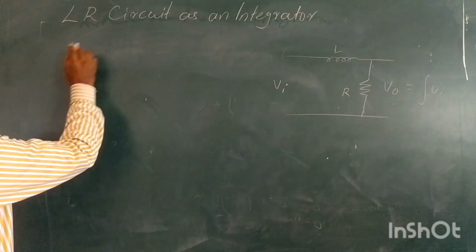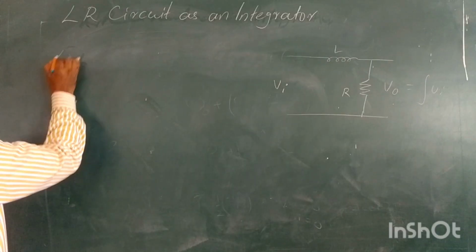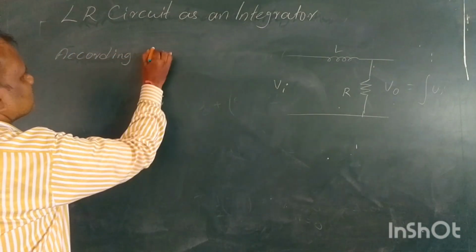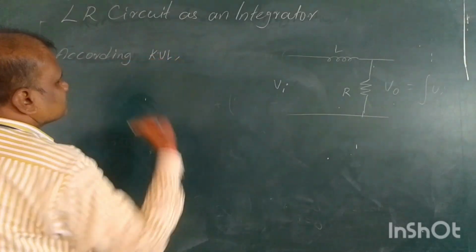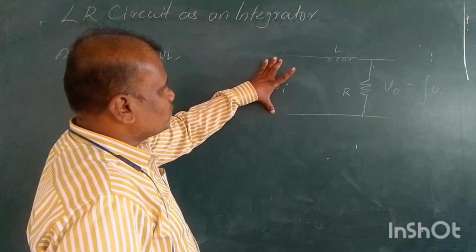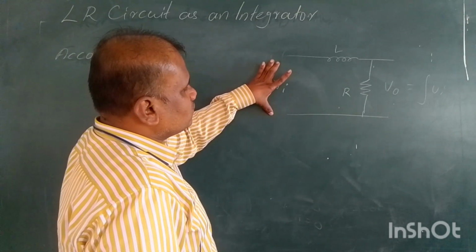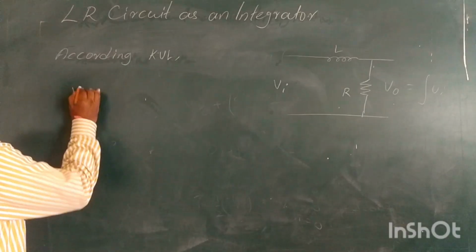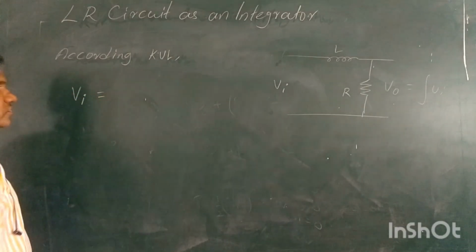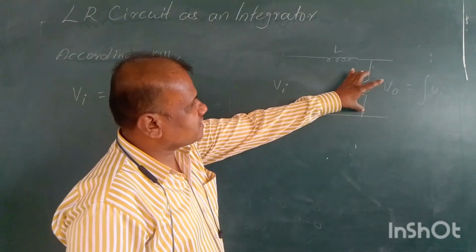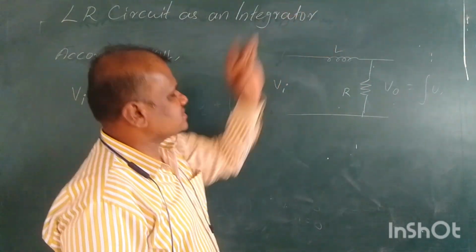Here I am going to first of all apply the Kirchhoff voltage law. According to Kirchhoff voltage law, the total supply voltage, which is the input voltage signal, should be equal to the sum of the remaining voltage drops. That is, the total supply voltage Vi should be equal to the voltage drop across the resistor plus the voltage drop across the inductor.